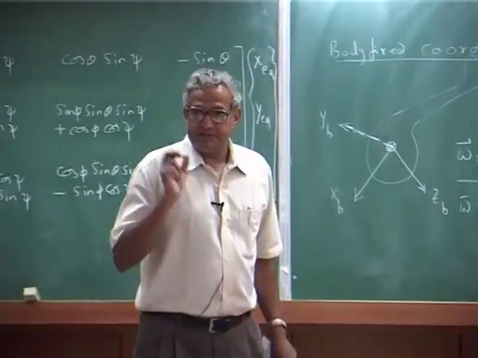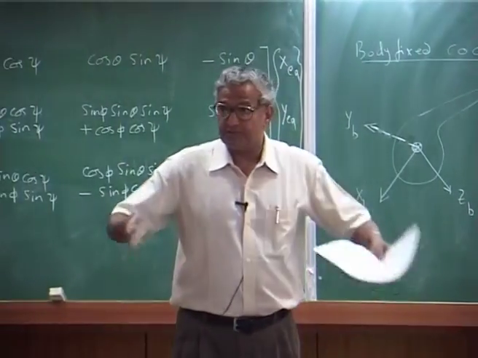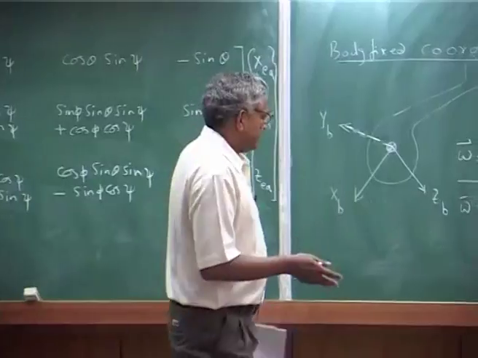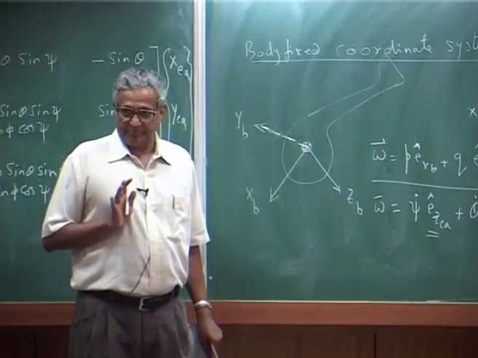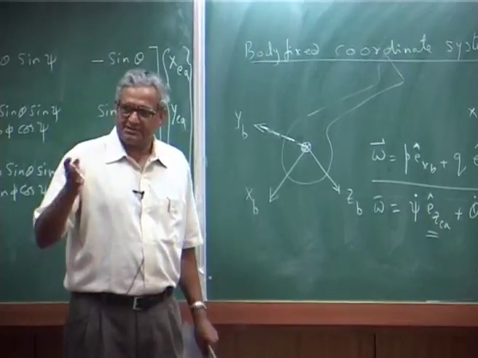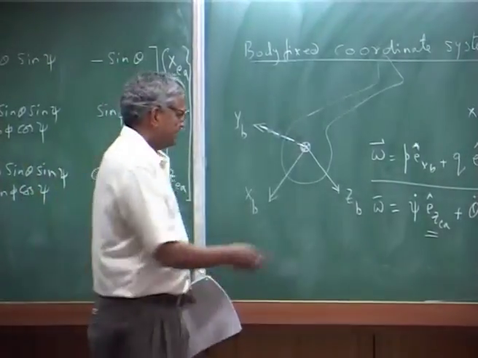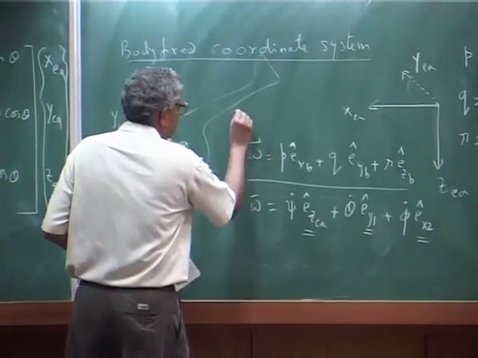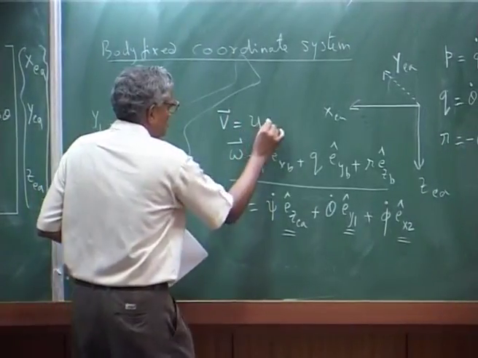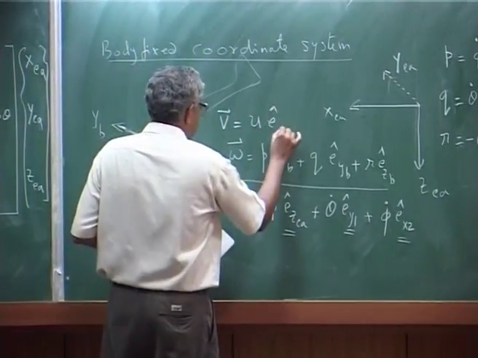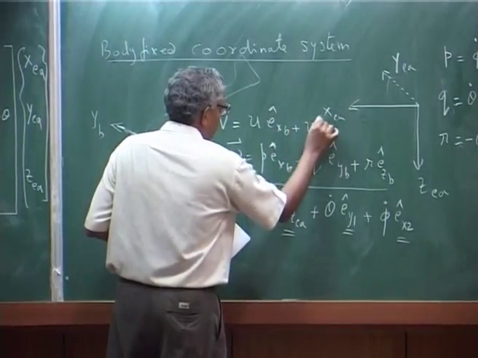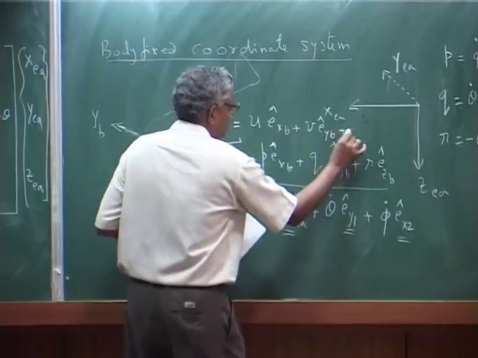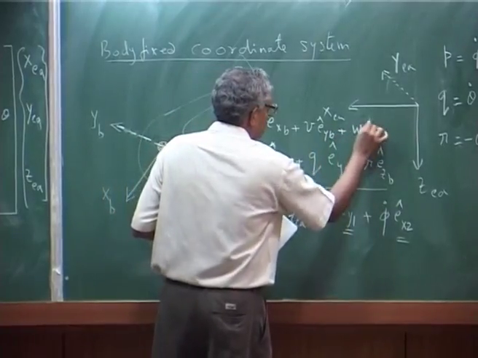Now, what I specify is my velocity vector of the helicopter, which I define as u e x b plus v e y b plus w e z b.